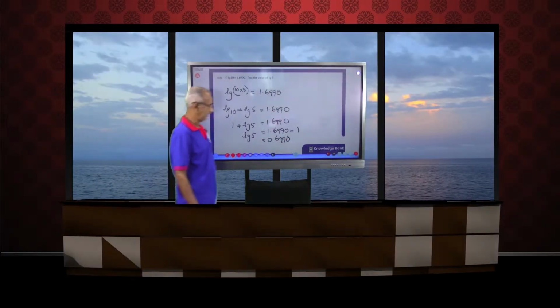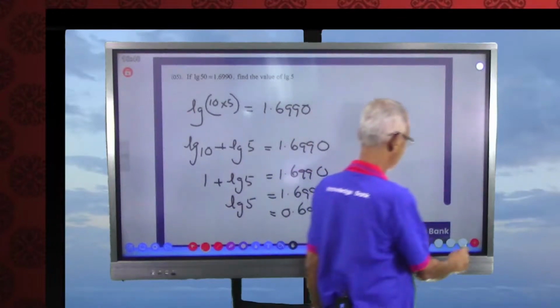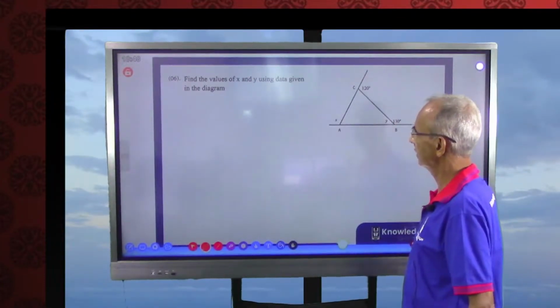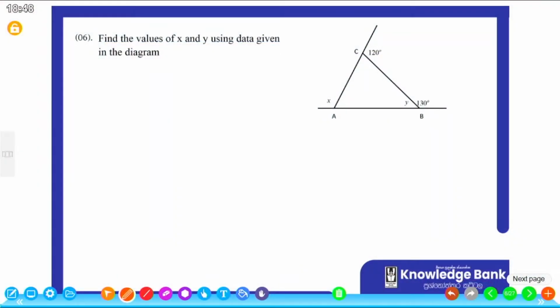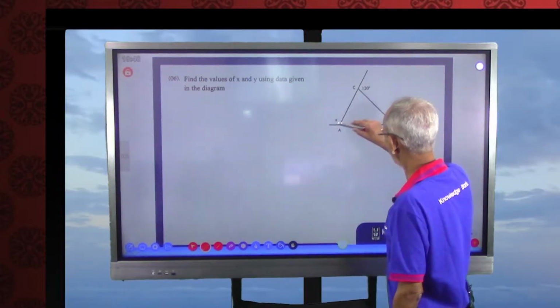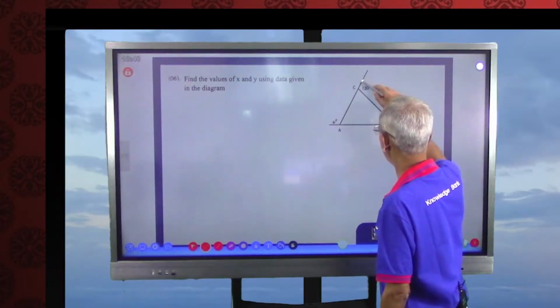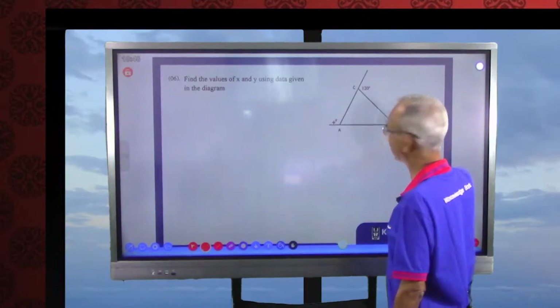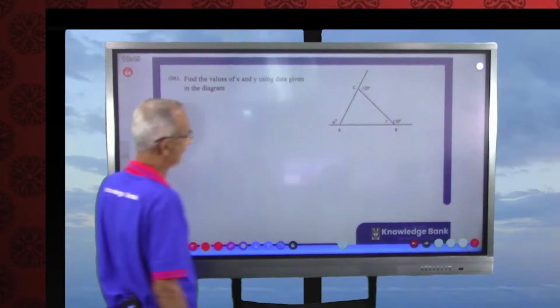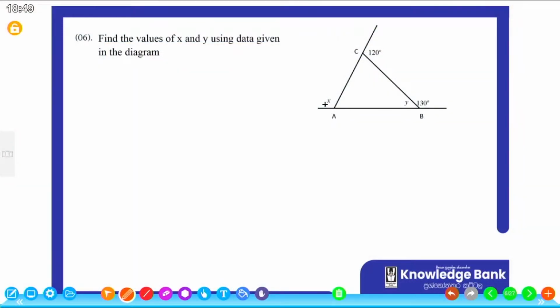Okay, then let's go to the next question. Question number 6. Find the value of x and y using the data given in the diagram. Here you are given 3 angles: x, 120, and 130. These are the exterior angles. The exterior angles of a polygon add up to 360 degrees.